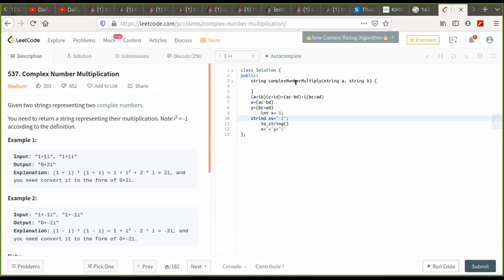So we need not handle it specifically, I think. I've not coded it, but I think that's not going to create a problem, because the multiplication and addition we are doing is totally in integral form. So we'll get negative or positive answers depending on the question, and after that we could just add them up to the string.